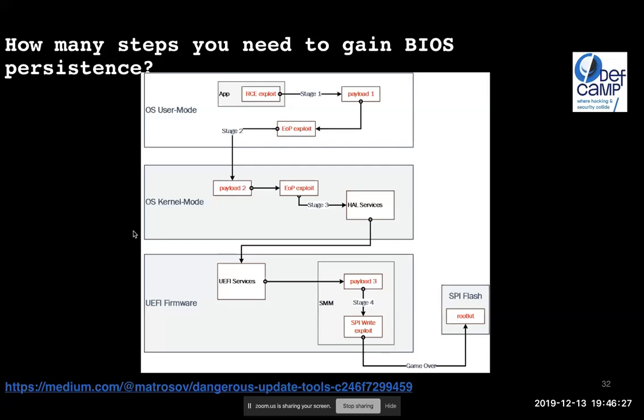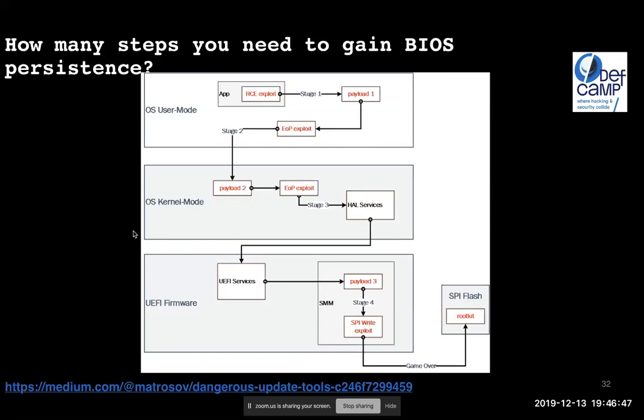So when the driver is inside kernel mode, it needs to talk over the HAL or directly with UEFI services. And then it can probably attack some SMI handlers in SMM.